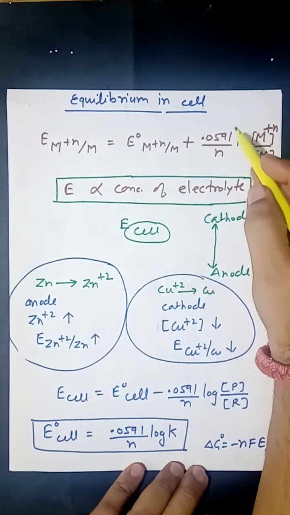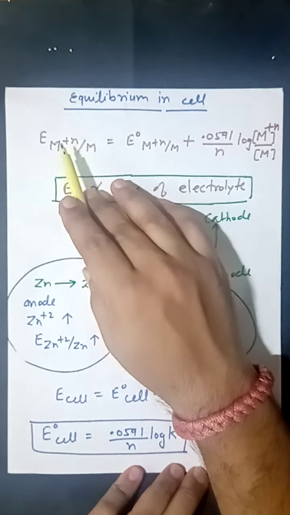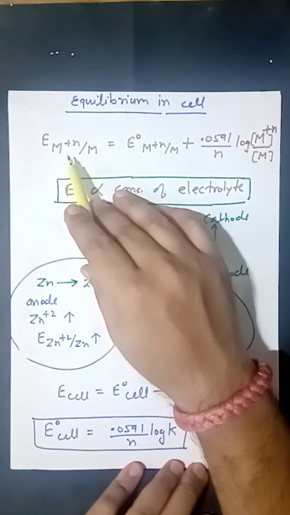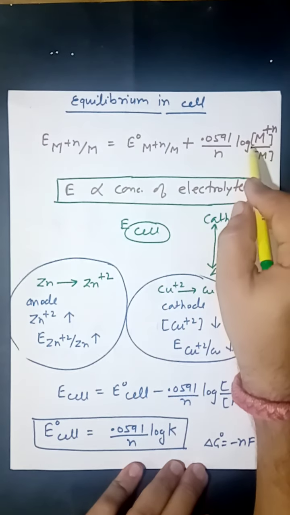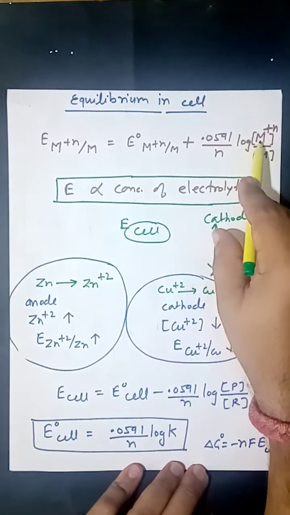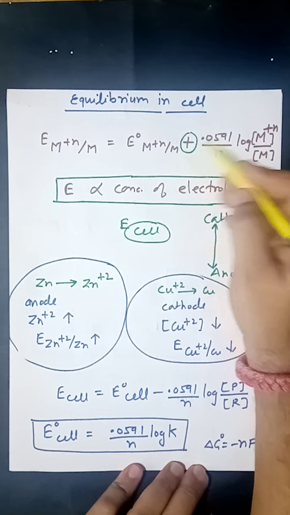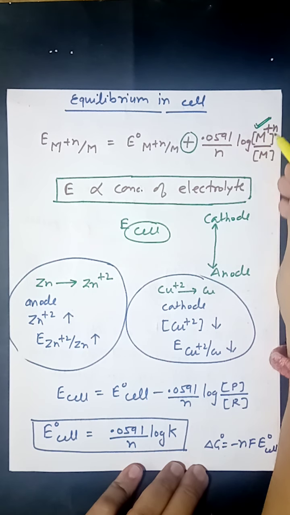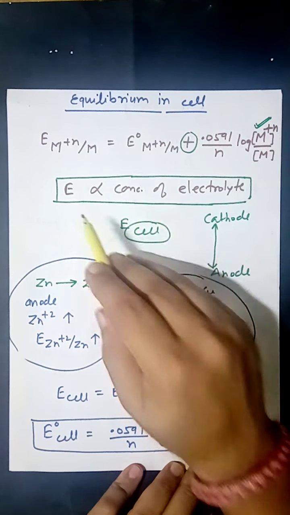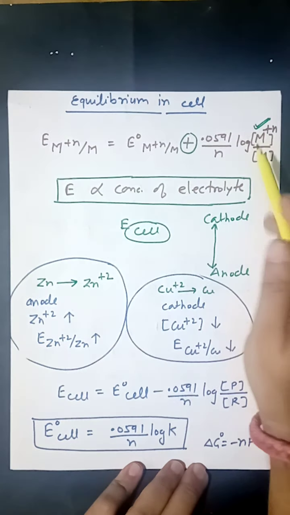Look here. We have discussed the Nernst equation for electrode just a few minutes ago. We have discussed this equation for electrodes, and we have used a positive sign, so this is M positive divided by M. We know that electrode potential is directly proportional to concentration of electrolyte.